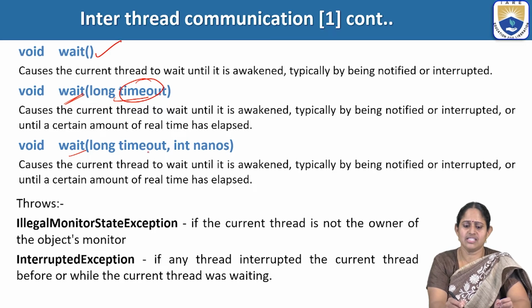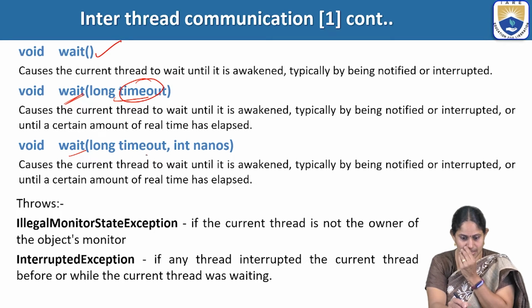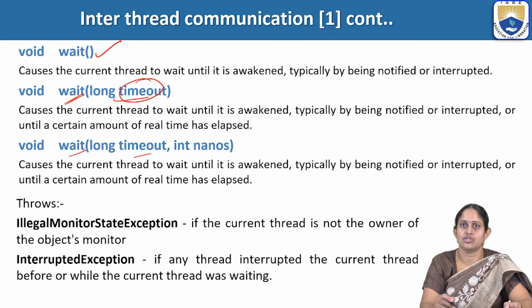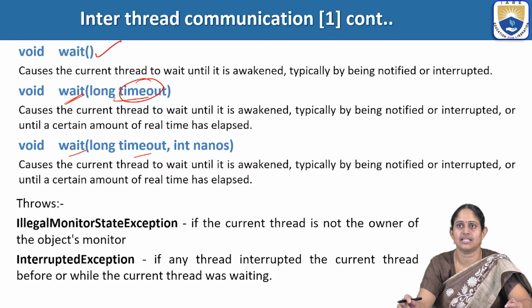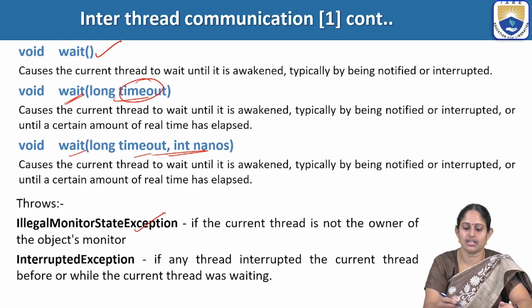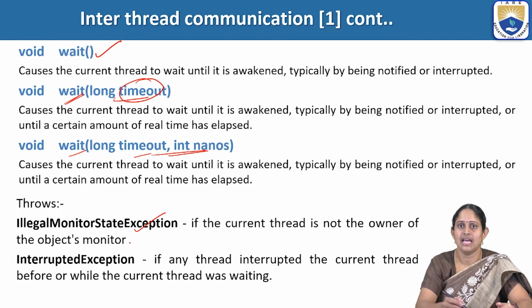Similarly, the wait can be specified in nanoseconds also. This also causes the current thread to wait until it is awakened by notification or interruption, or until the specified time has elapsed. These wait methods will throw IllegalMonitorStateException and InterruptedException.